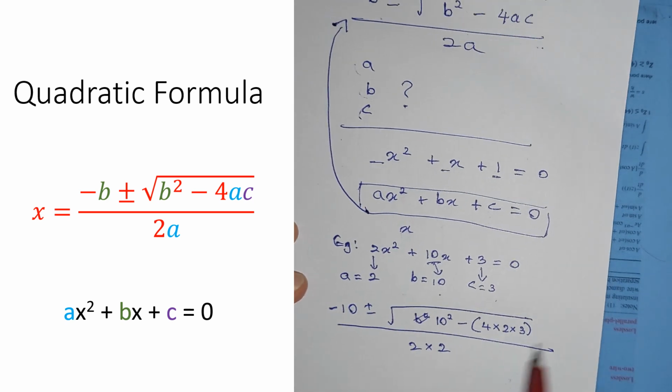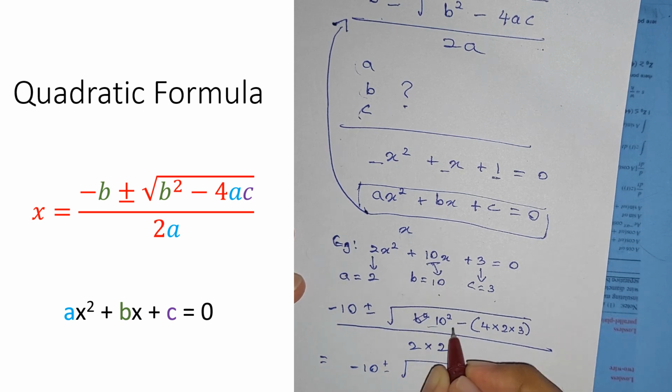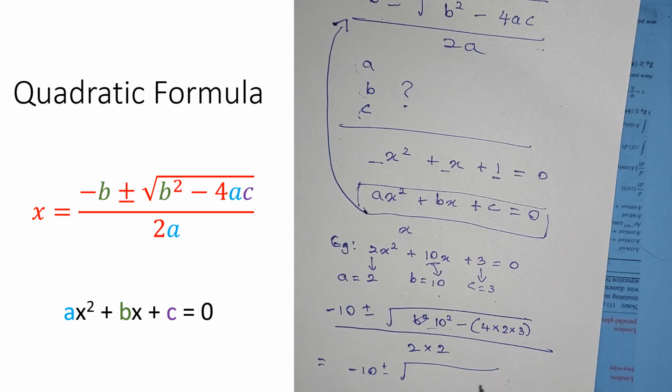So now we can simplify the equation. Minus 10 plus or minus square root of, this is 100 minus 24.